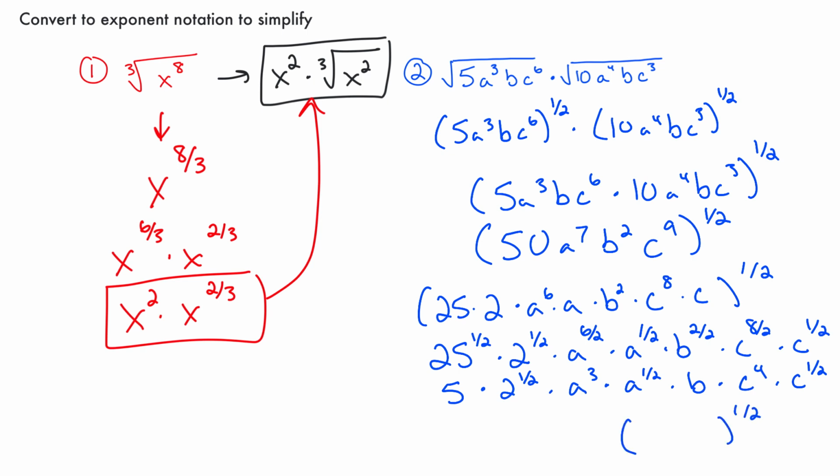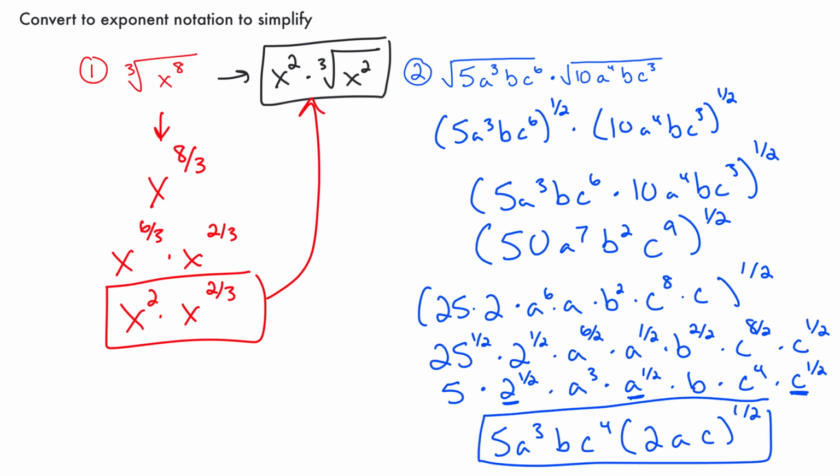So the 1/2 powers are the 2, the a, and the c. And everything else I'm going to write on the outside. 5, a to the 3rd, b, c to the 4th. And now this is just what would happen if I left it in radical form. It would be 5a cubed b c to the 4th times the square root of 2ac.